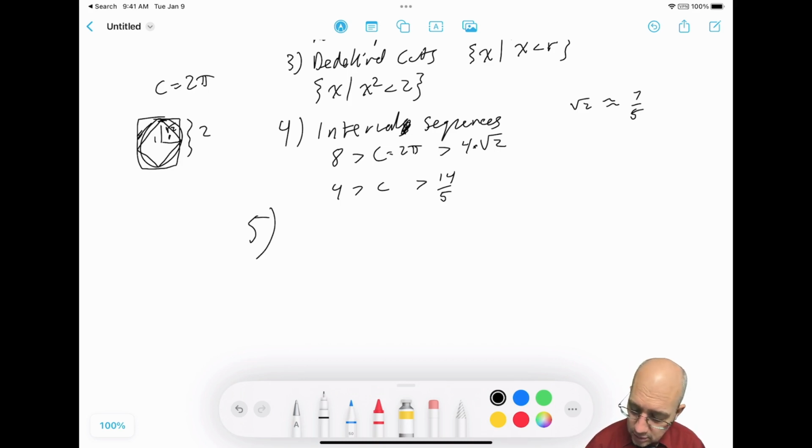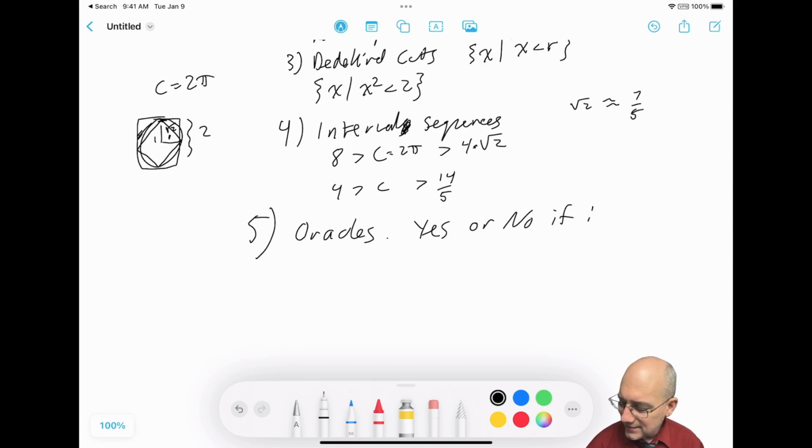So, my idea is essentially, I call them oracles. Yes or no if it is in the interval.